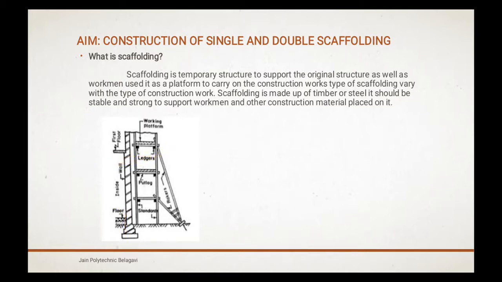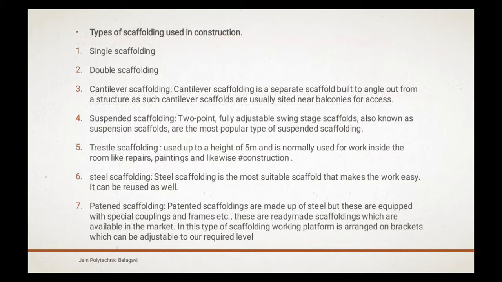The types of scaffolding used in construction are single scaffolding and double scaffolding. I will explain this briefly. This is important at our construction site. Here is cantilever scaffolding. Cantilever scaffolding is a separate scaffolding built to angle out from a structure.